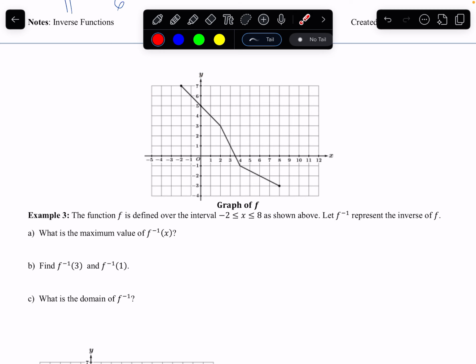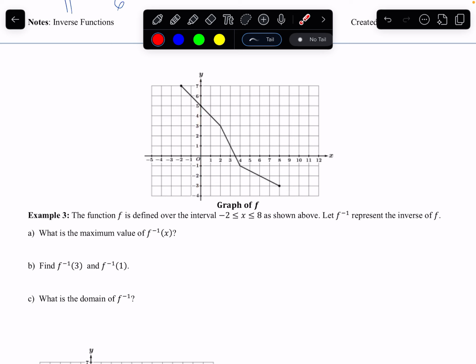Because I know that the range of f, remember range is the y's, is going to be the domain of the inverse. Because you got to switch them. The range of f is going to be equal to the domain of the inverse. So what I really need to find is the range of the original function.